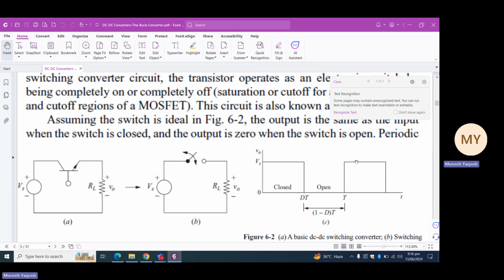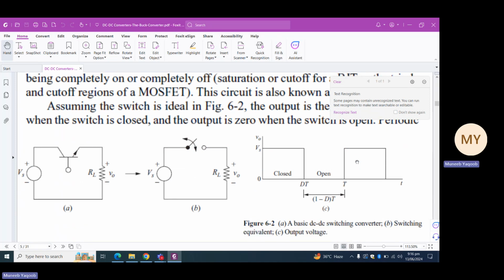What this converter will do, you can see in this figure, figure 6.2a. Again, there is a transistor, a BJT, that is being used in the same place. But the difference in this diagram is that we are not using this BJT as an amplifier.